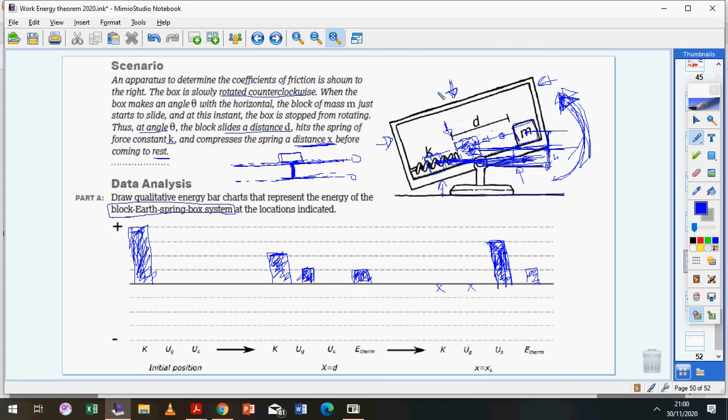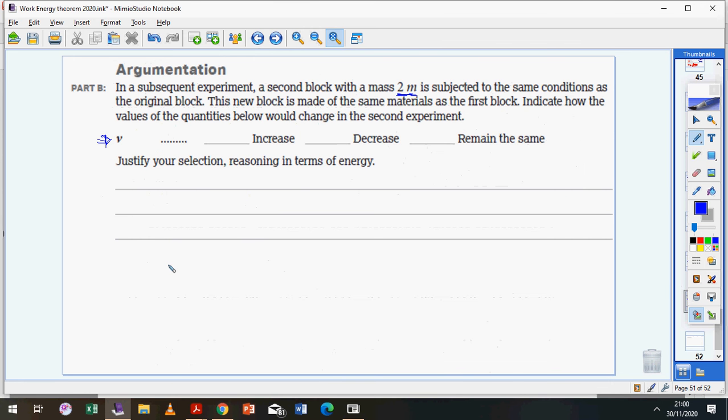How does that change? We know that when an object is moving down an incline, it has a component of force mg sine theta acting that way, and since it has friction, you have a friction force going the other way.